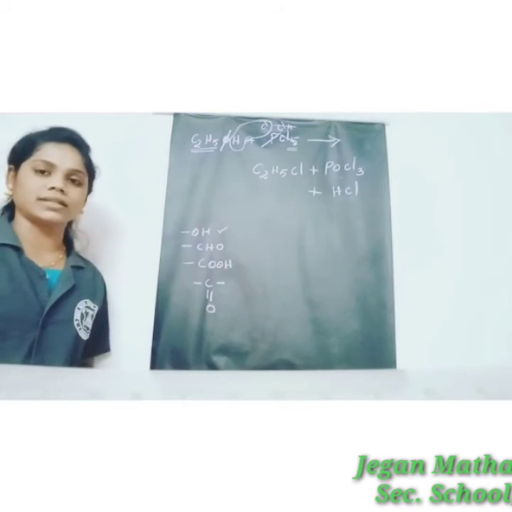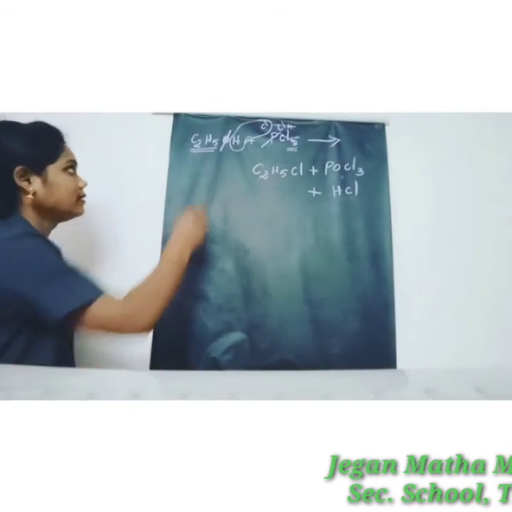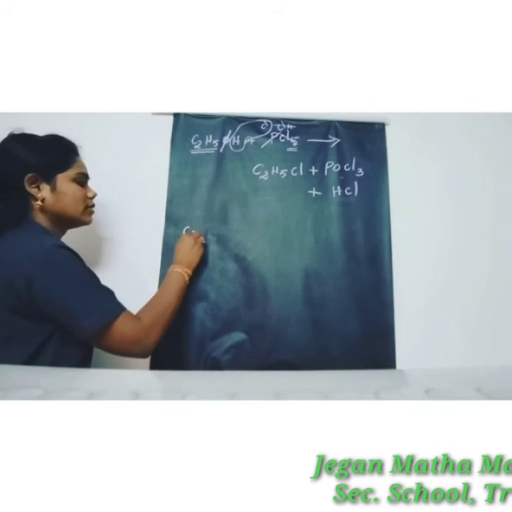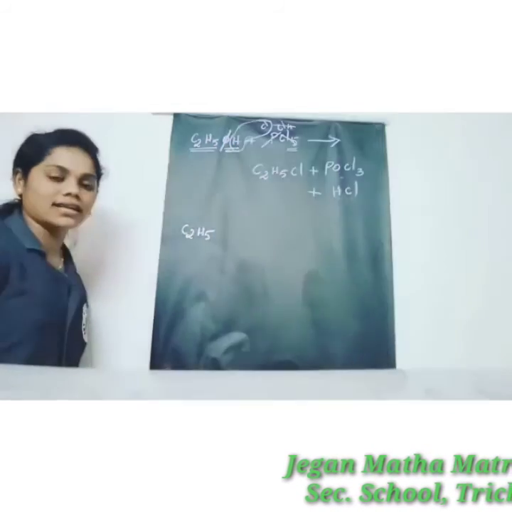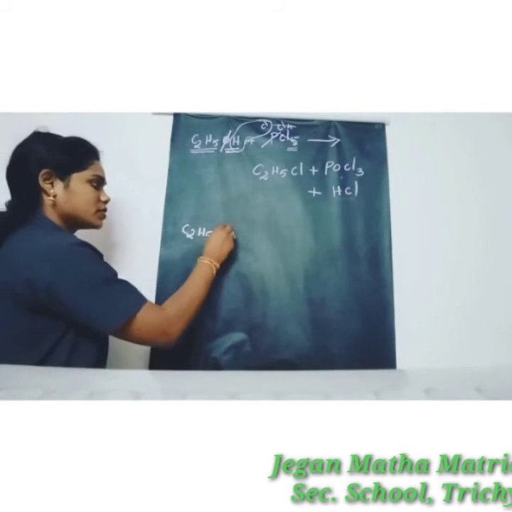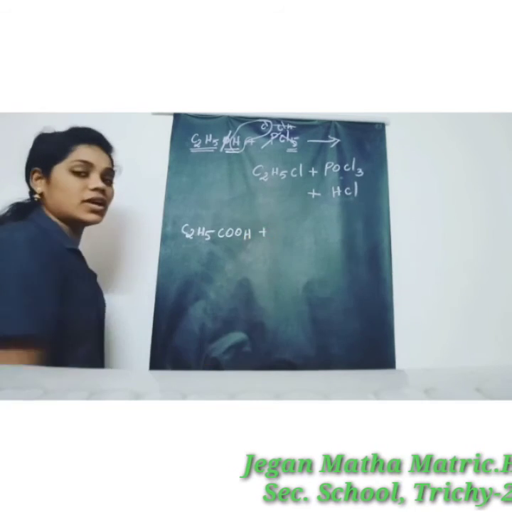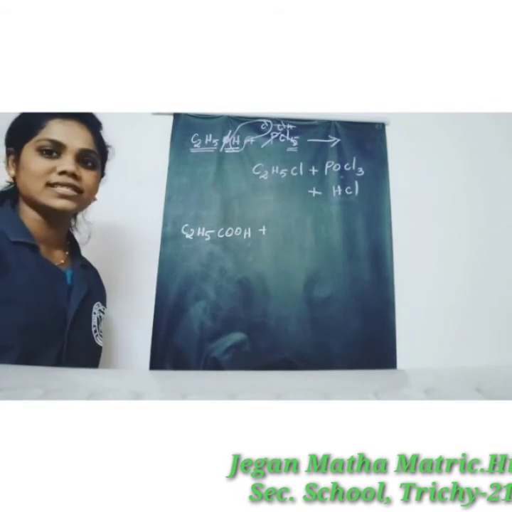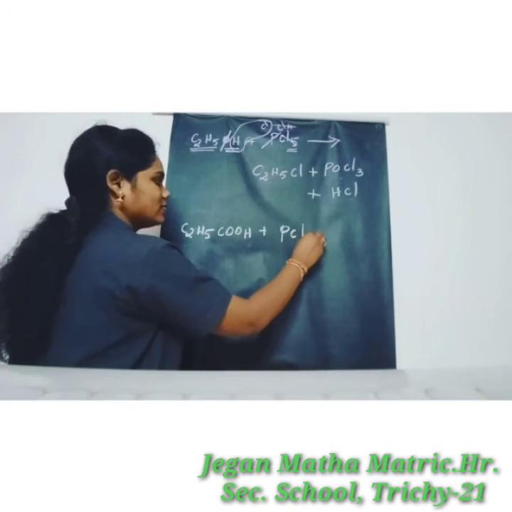And next equation is, here COOH functional group is taken, that is C2H5COOH. Instead of alcohol, I take carboxylic acid functional group. It is also reacted with phosphorus pentachloride, PCl5.